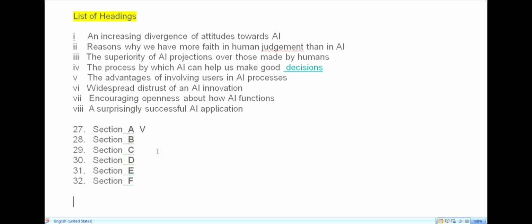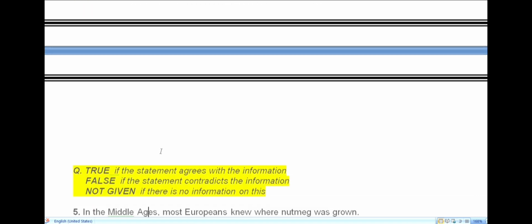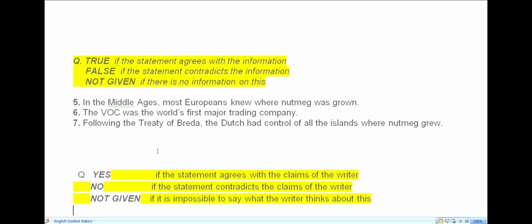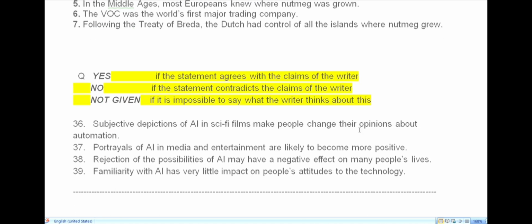The other question category, which is again similar, is true, false, not given and yes, no, not given. The student should be very careful in using the correct terminology here. We are so used to the words true, false and not given that even in our question paper, if we get yes, no, not given questions, in the fear and pressure, we write yes for true.